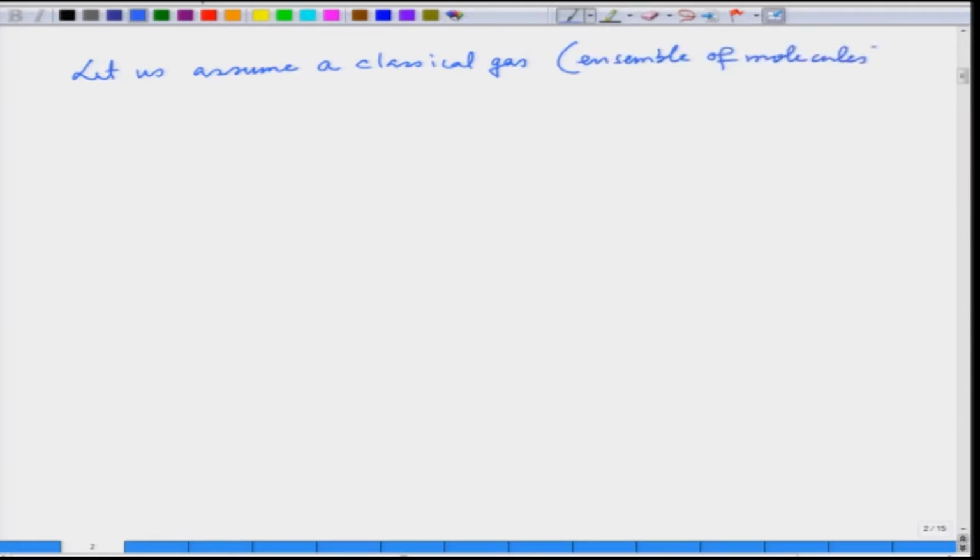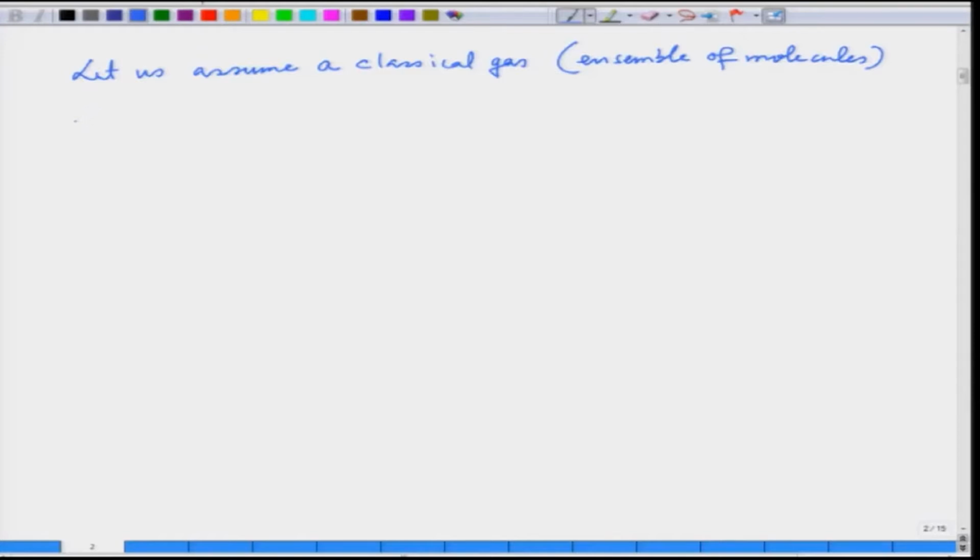Here I am not talking about the ensemble in phase space, but an ensemble of molecules, meaning just a collection of classical molecules which are interacting among themselves just in terms of elastic binary collisions. And then we just let it evolve without any force or anything.